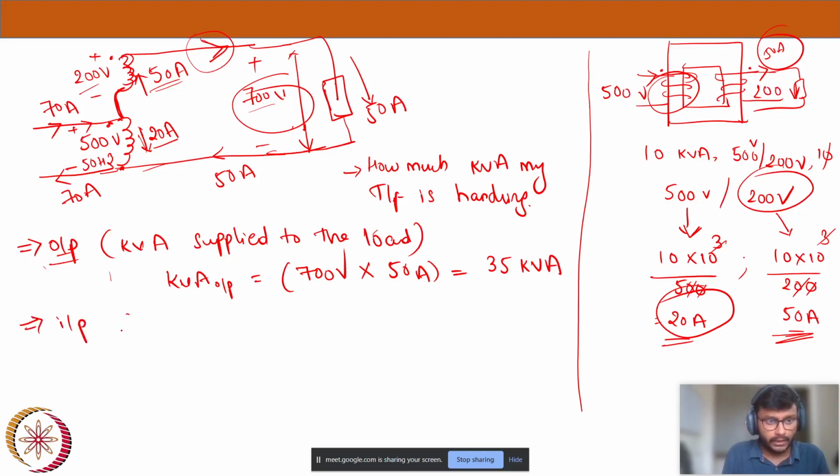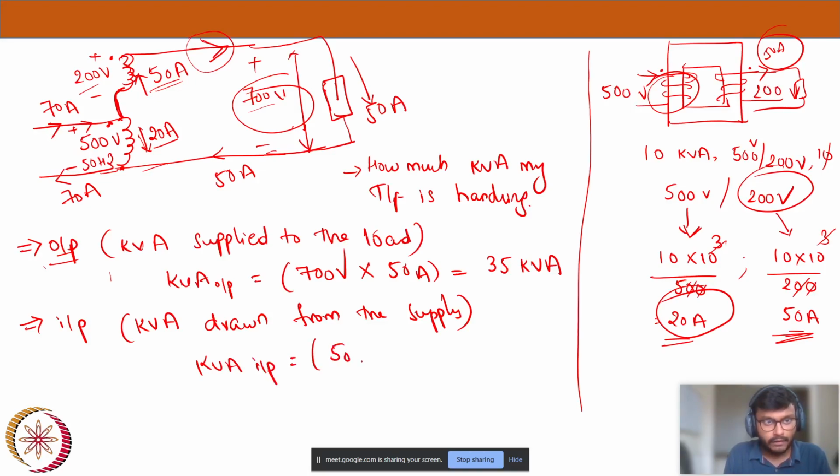For the input side, we call this kVA drawn from the supply. How much is it? kVA input. How much is the voltage? 500, because this is the input now.